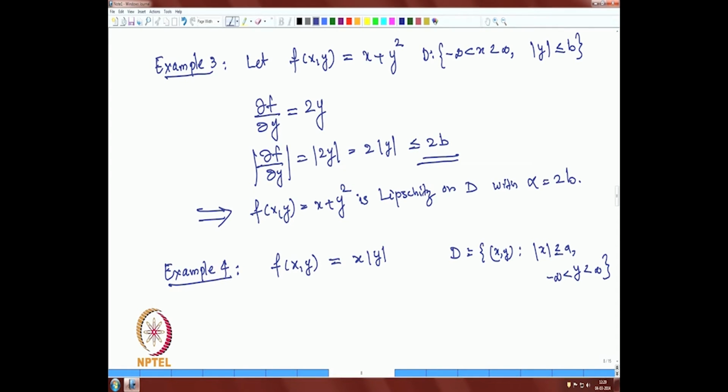It is also an infinite strip where y varies from minus infinity to plus infinity, and x is bounded between minus a and a. So this is the domain.